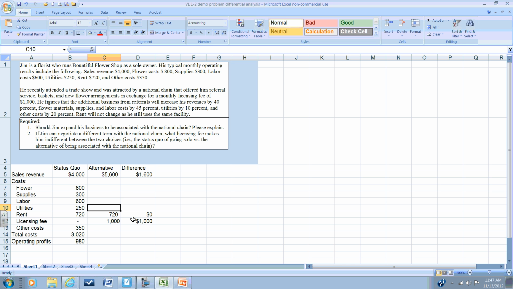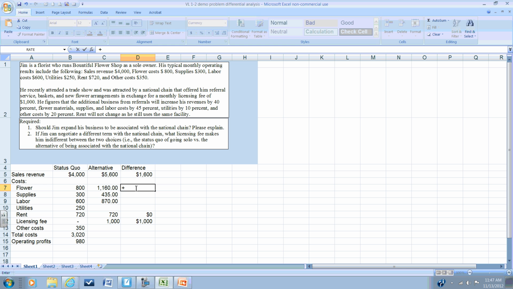The problem also tells us that there are going to be certain changes. And it says that the flowers, the material, the supplies and labor will all increase by 45%. So these costs will vary based on activity, the number of bouquets that are sold. So we'll take the current cost for the material and multiply it by 1 plus the increase, and we can copy and paste that for our supplies and labor.